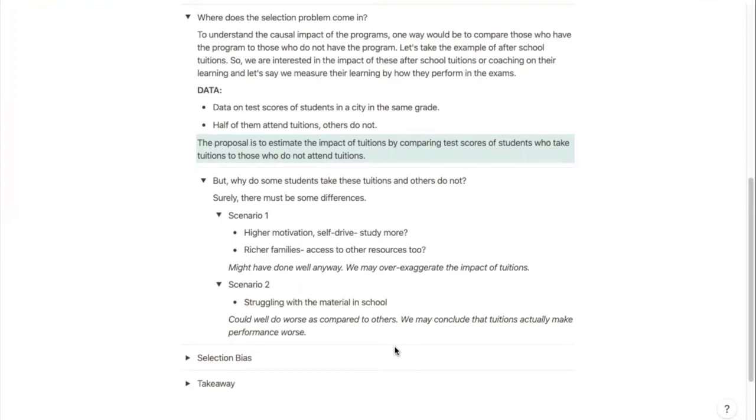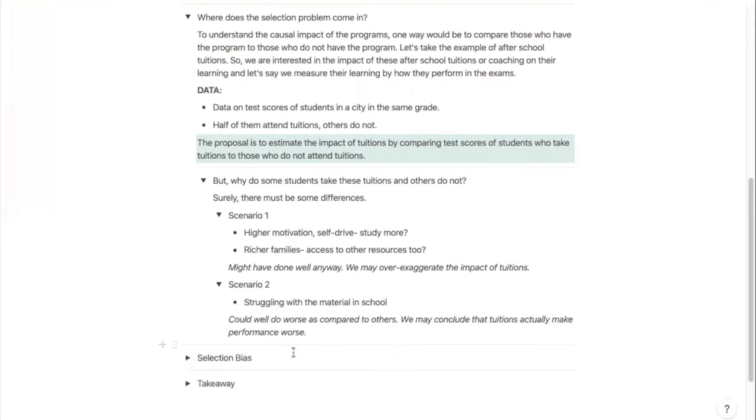In this scenario, we could actually well find that these students who attend tuitions perform worse as compared to those students who do not attend these classes. Therefore, if this were the case, we might actually end up concluding that tuitions actually decrease the performance of students, which would also not be the right conclusion in this example or in this scenario.